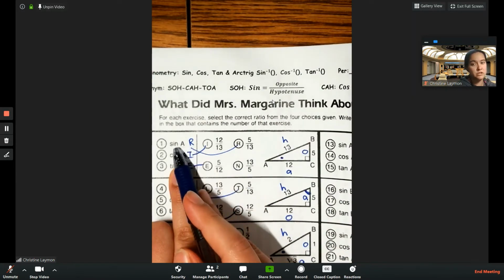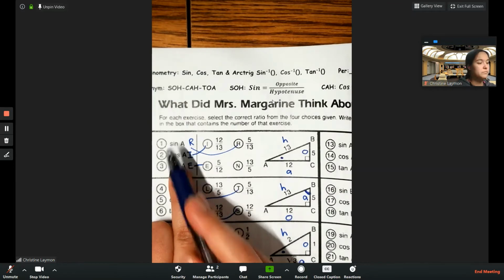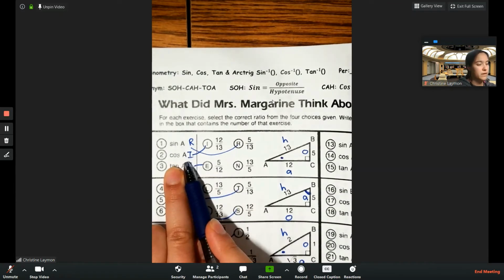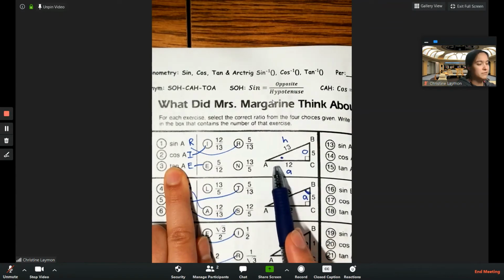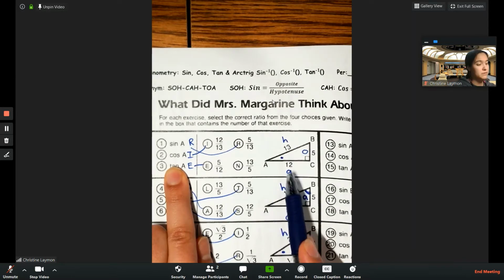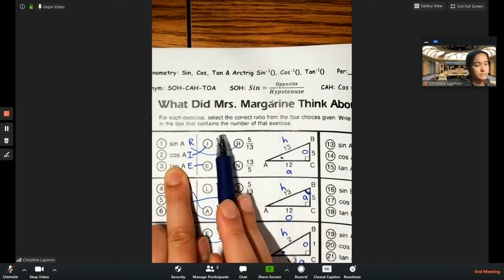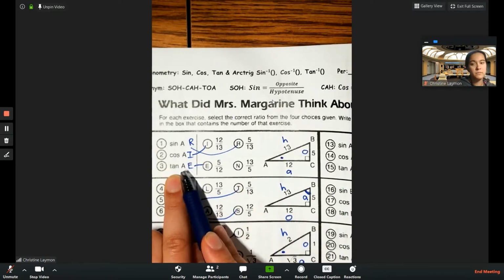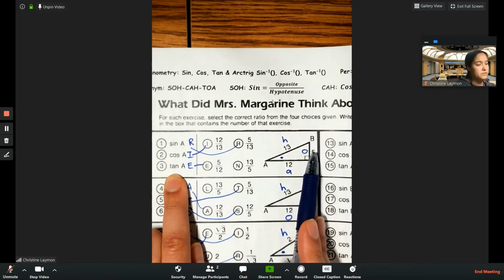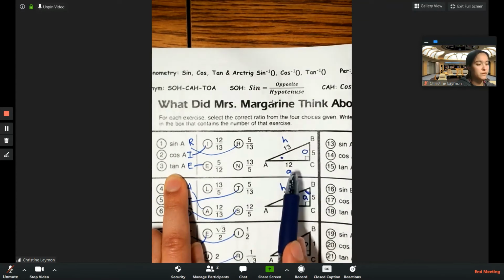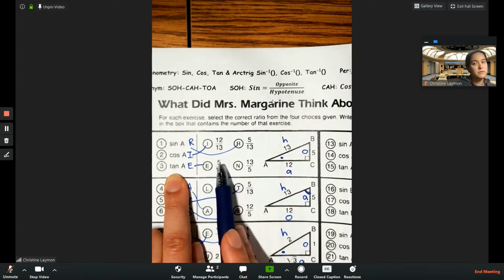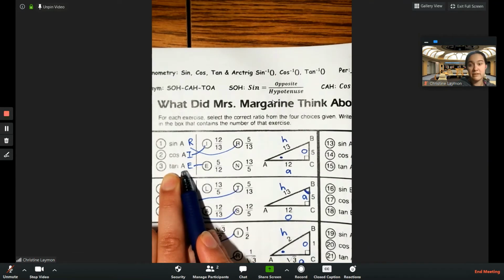That's the answer for sine of A. For cosine of A, stand at A. Cosine says CAH, adjacent over hypotenuse, so A over H, 12 over 13. For tangent of A, we have opposite over adjacent, 5 over 12. So I find 5/12. That is the answer for this one right here.